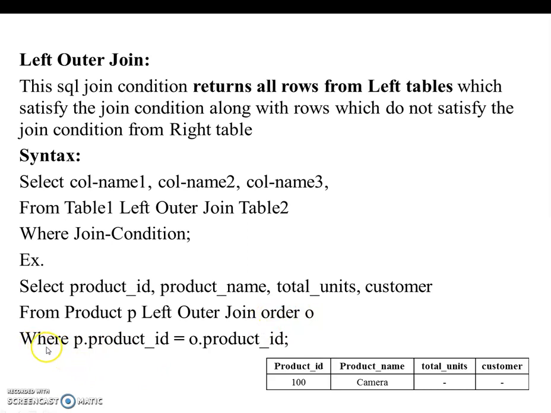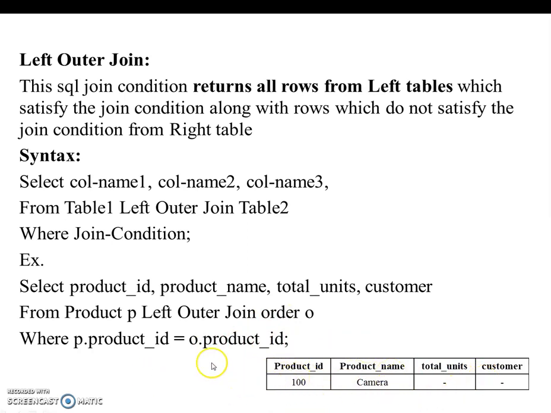And the condition is specified using these instances: object dot common column is equal to the object of the second table with the common column, and based on that a particular result will appear.